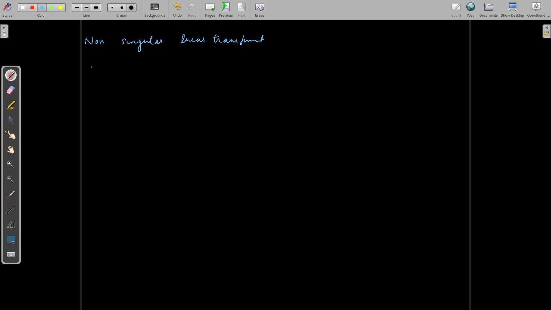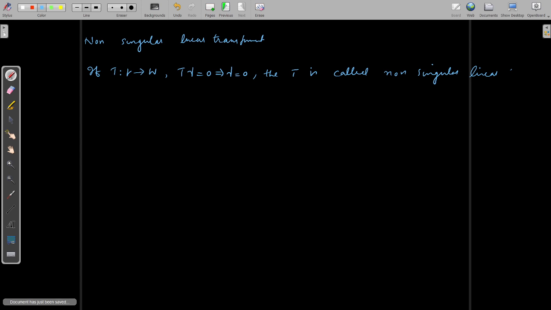So the definition is, if T is a linear transformation from V to W with the condition T gamma is equal to 0 implies gamma is equal to 0, then T is called a non-singular linear transformation. So this is the definition. What do you mean by this? Whenever gamma is mapped to 0, then the only possibility for this gamma is 0.